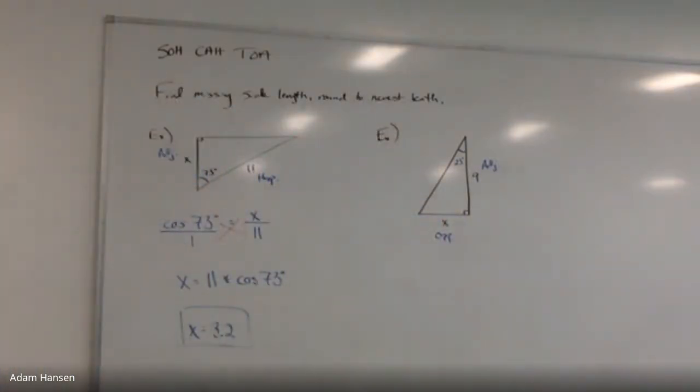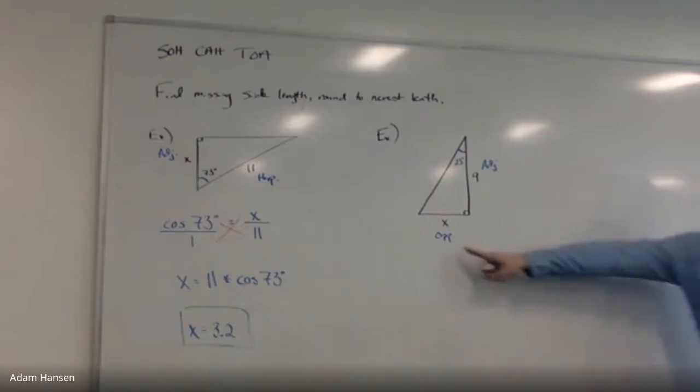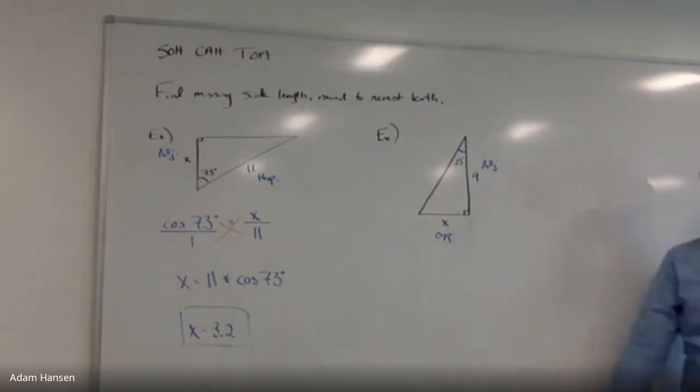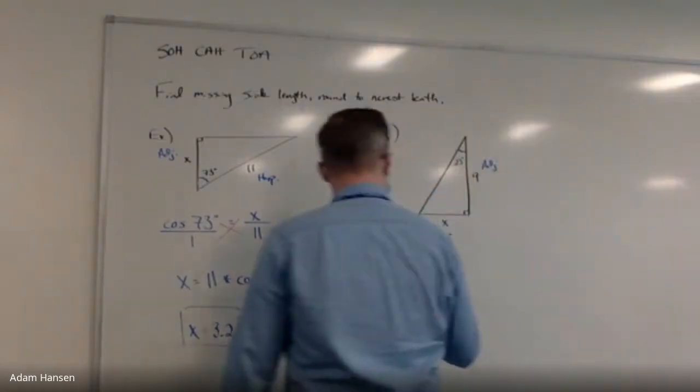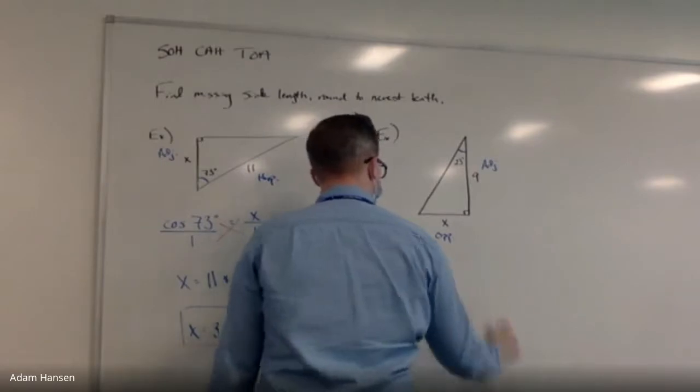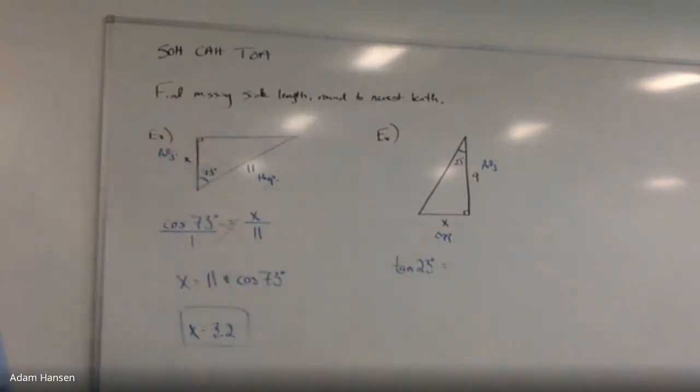Great. Now that I've got my legs identified, pick the correct trig ratio to relate these 2 side lengths together. Second, TOA, or tangent. Tangent is the ratio of the opposite leg to the adjacent leg. So the tangent of 23 degrees equals what divided by what?